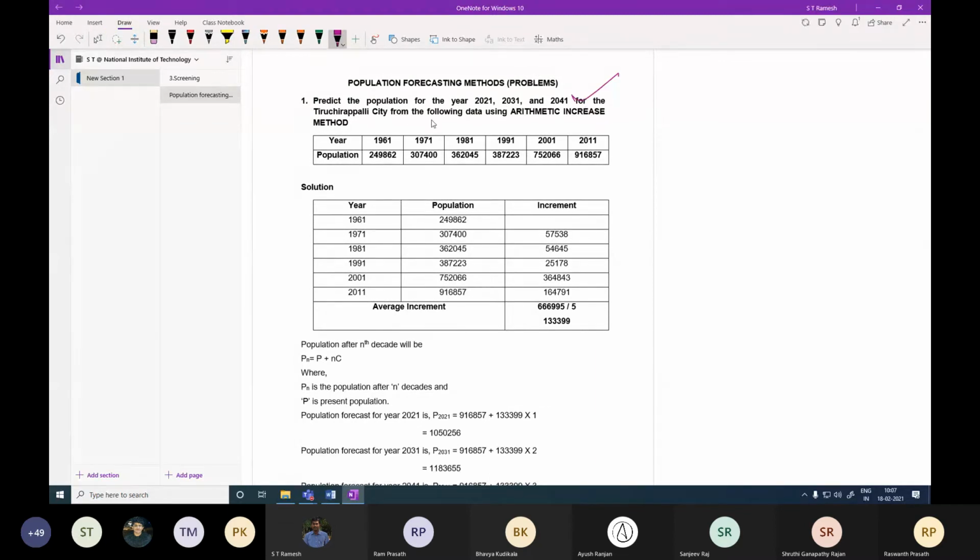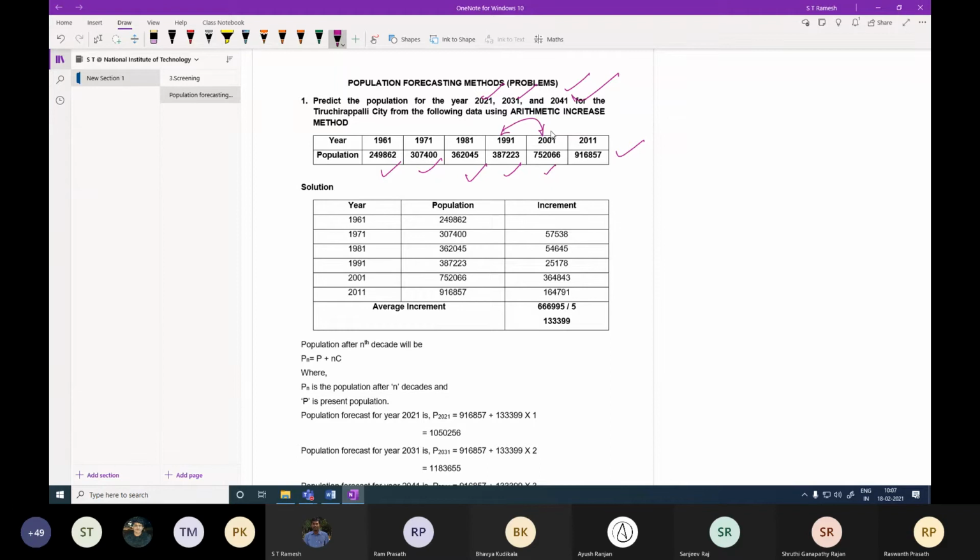Let's predict the population for the years 2021, 2031, and 2041 for Tiruchirappalli city from the following data. I have taken this from a site. Tiruchirappalli population in 1961 was only 2.5 lakhs. In 71 it is 3.407, 81 is 3.62, 1991 is 3.87, and 2001 is 7.5. Just see the jump.